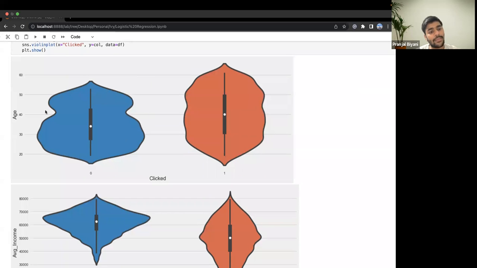There are a few members who are post 40. Again, there is a slight increase in the 45 to 50 range, and then there is a decrease towards the higher ages. So this is basically the frequency distribution. And then there are the minimum, maximum, mean, median, mode, 25 percentile, 75 percentile, etc.